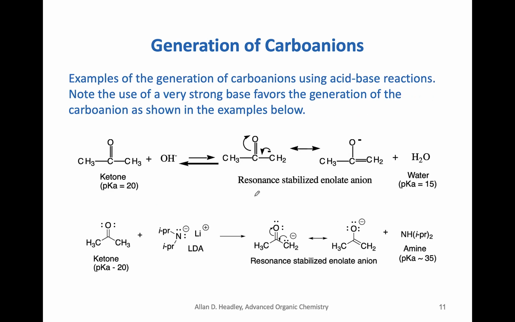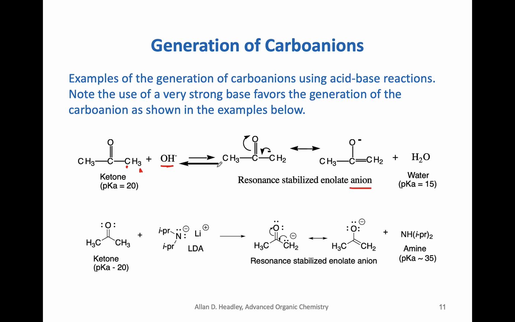Here's a more specific example of how we can actually make it. So here's acetone, here's a carbon here, and alpha hydrogen, acidic. A weak base such as OH, so sodium hydroxide or potassium hydroxide, can pull this off to get the resonance stabilized enolate anion.